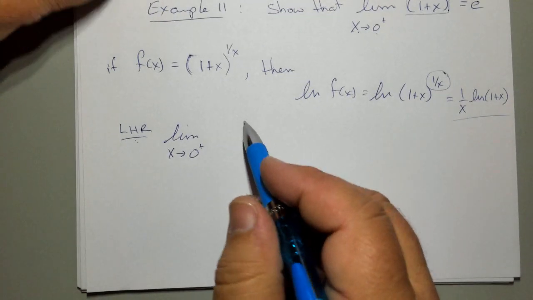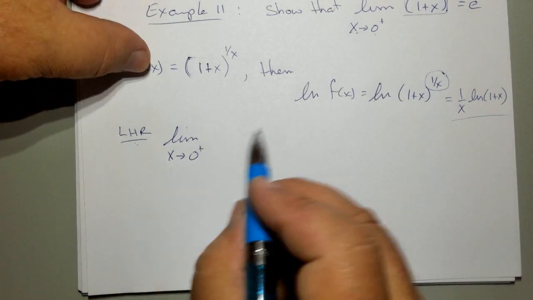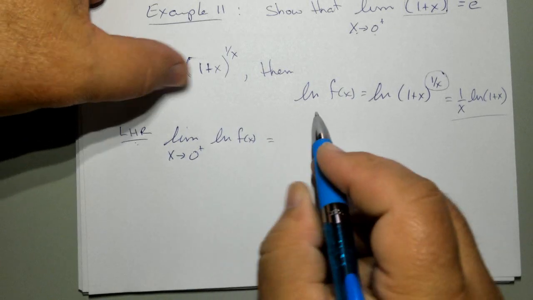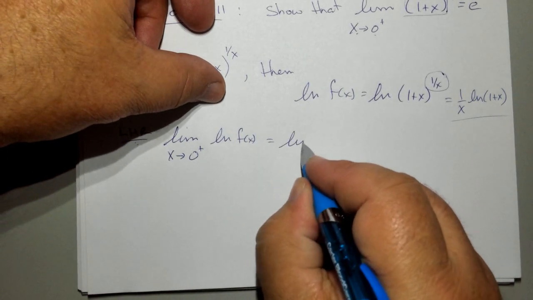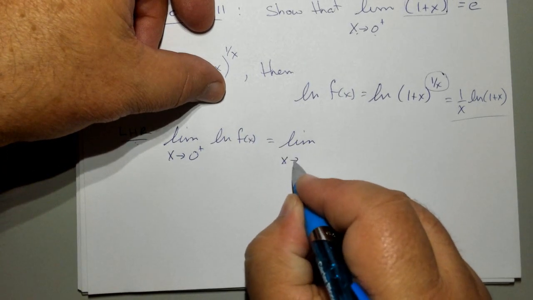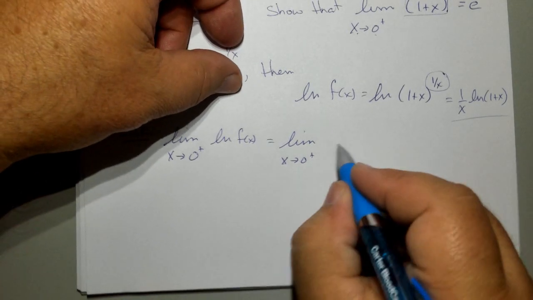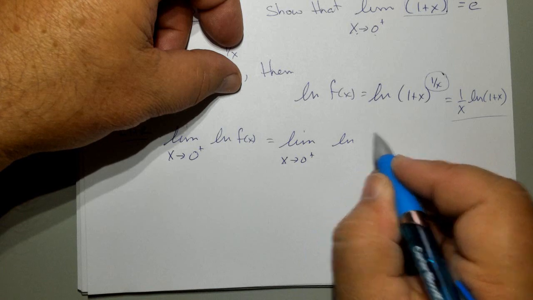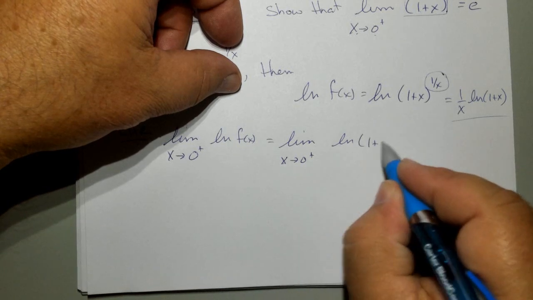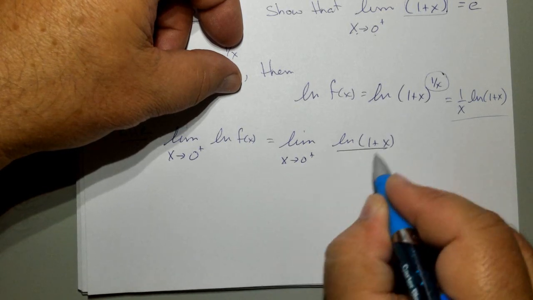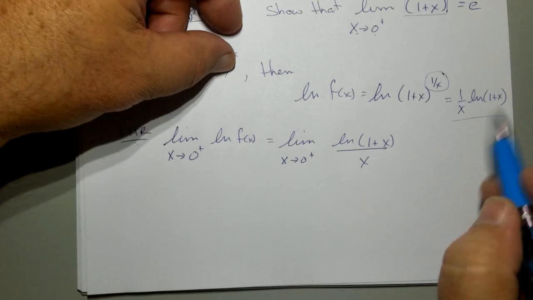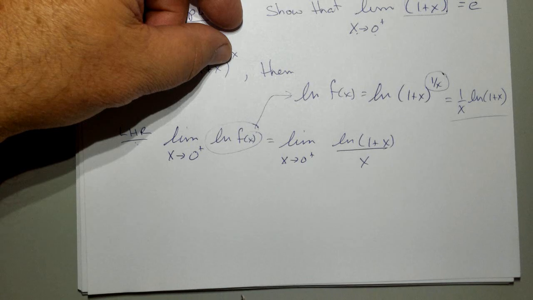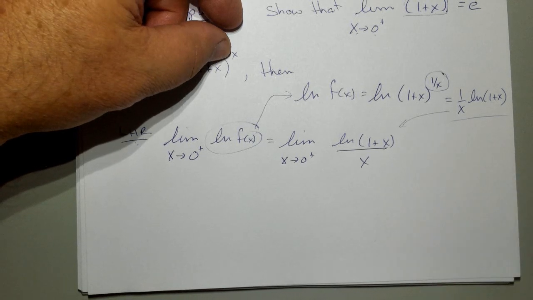So this becomes the limit of ln f of x, which is the limit as x approaches 0 from the right of our function here, ln(1 plus x) over x. This was defined up here. So that's what we're taking the limit of.